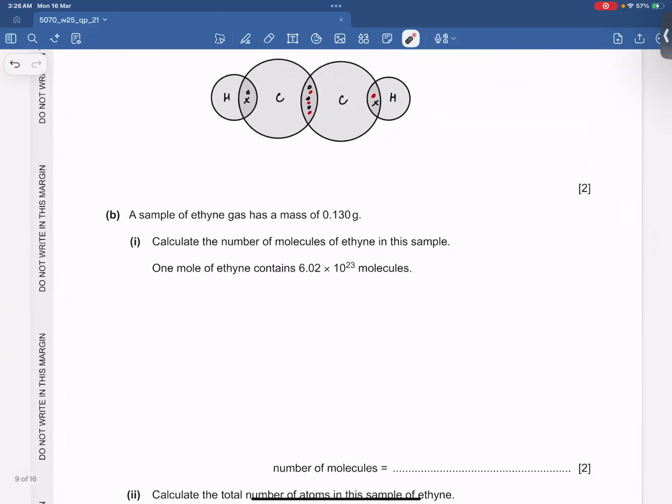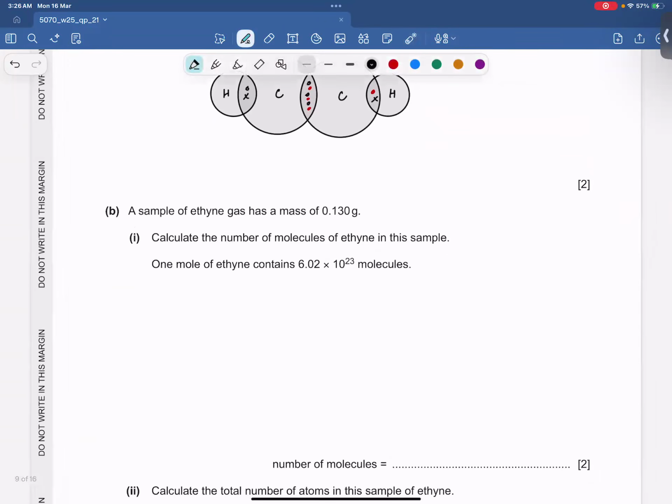A sample of ethine has a mass of 0.130 gram. So first of all, take out the Mr of ethine, 12 times 2 plus 1 times 2. So it's going to be 26. Okay.